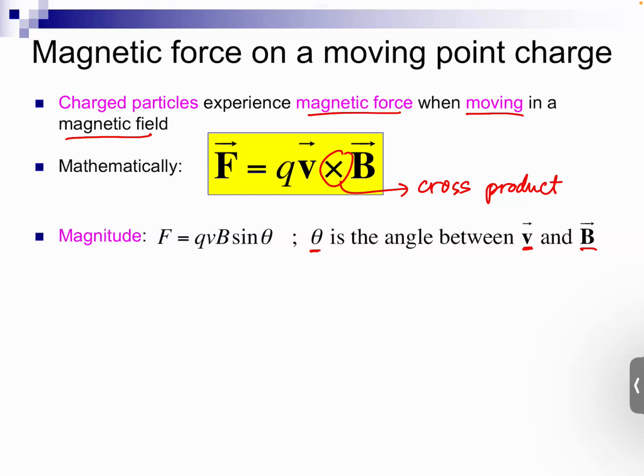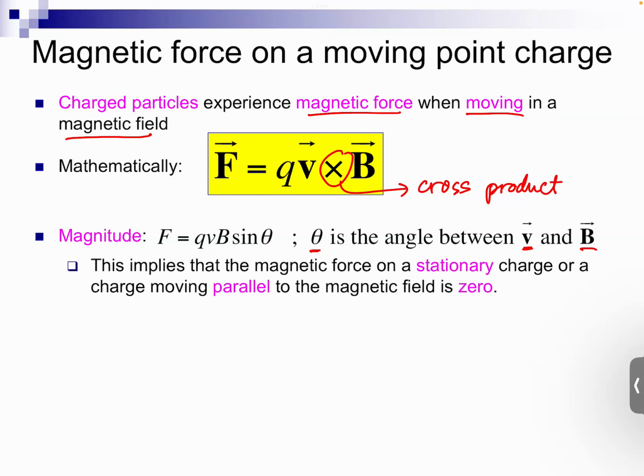Right. So by defining the cross product as a sine theta function, that allows us to calculate the magnitude of the magnetic force that the moving charge experiences.